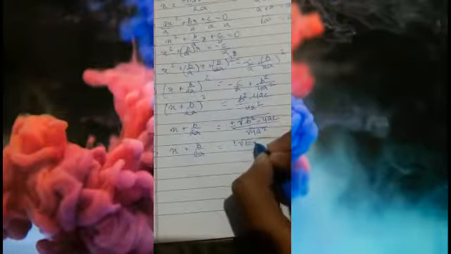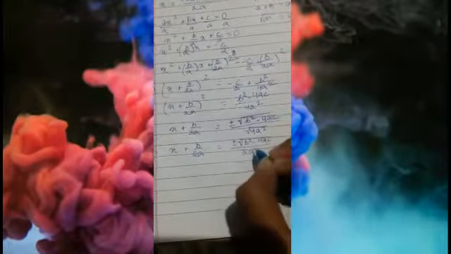So now x plus b by 2a gives you nothing but plus or minus root over of b square minus 4ac by 2a, since if you square 2a, you will get 4a square. 2 into 2 is 4, a times a is a square.